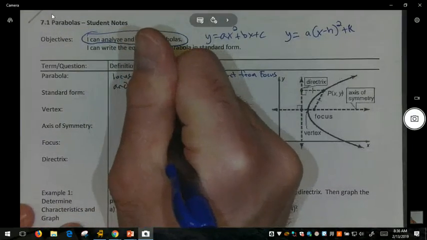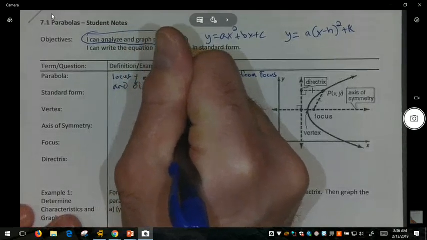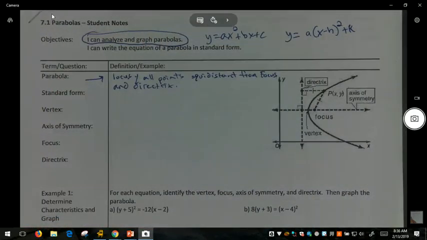There's the definition of a parabola: the locus of all points equidistant from the focus and the directrix.